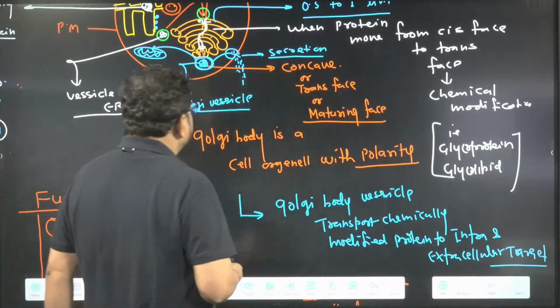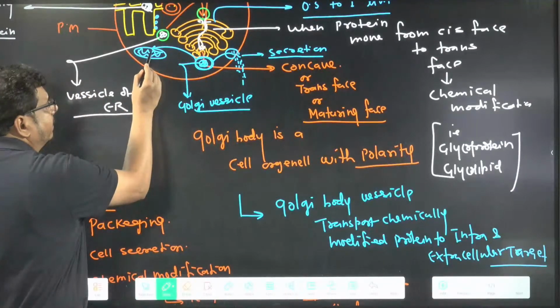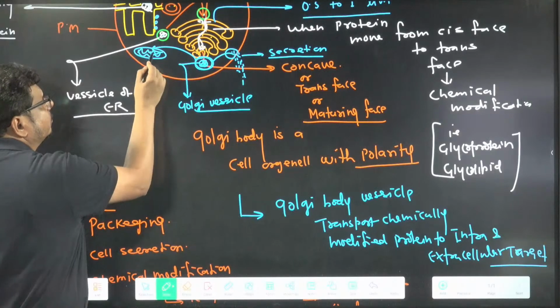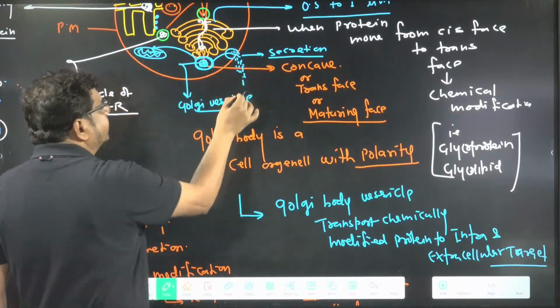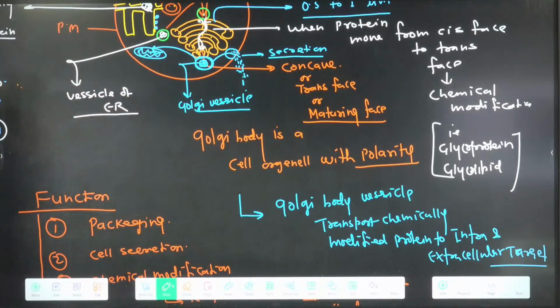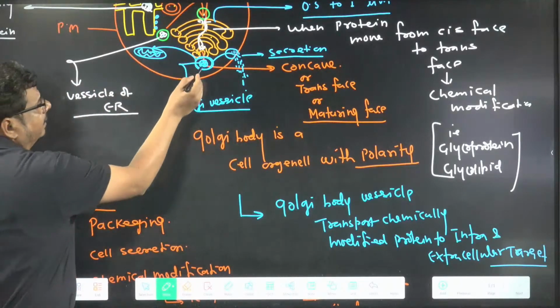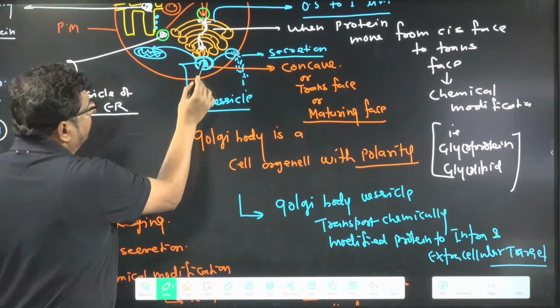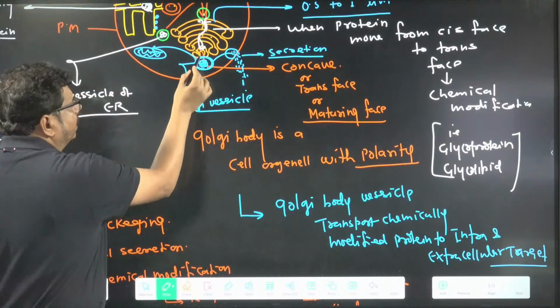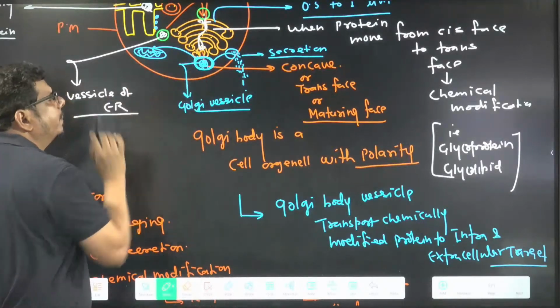You got the idea? When it fuses with the membrane of, say, mitochondria, it is an intracellular target. When fusing with the cell membrane, it is an extracellular target. Secretion occurs, and putting the chemically modified protein or lipid into a vesicle is called packaging.